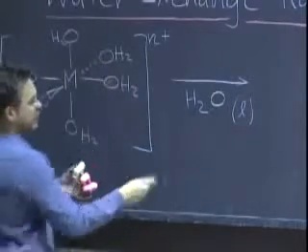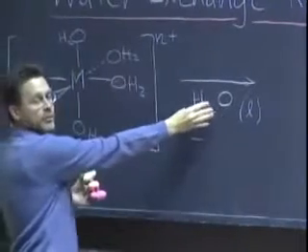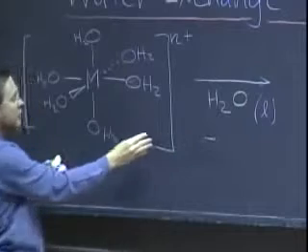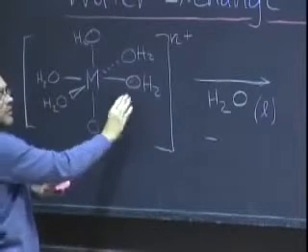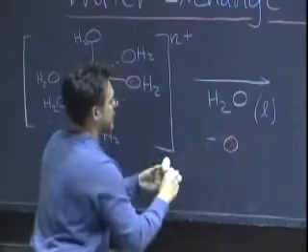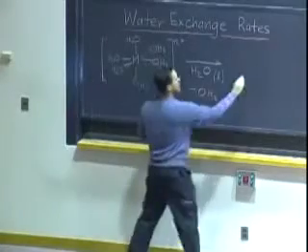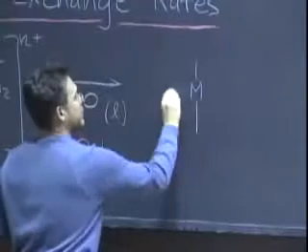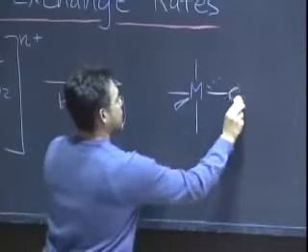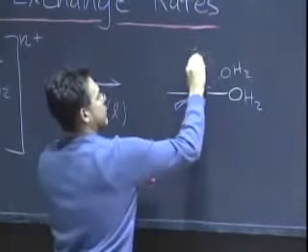And in this reaction, it's a very simple reaction in which liquid water from solution, somehow, we're going to talk about reaction mechanisms today, will come in and bind to the metal center and displace one water molecule from the metal center. And I'll represent that here by saying that we lose that one water molecule that I've colored this way. And that gives us our product, which is very similar to the starting material in this case, except that one water molecule, the one here colored green, has replaced one of the others.